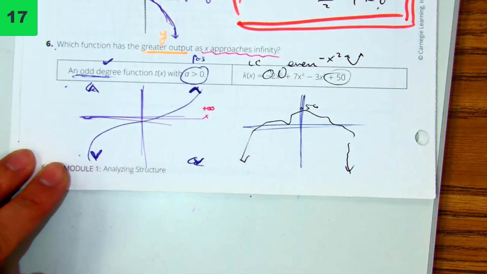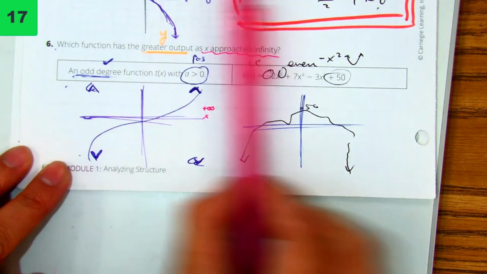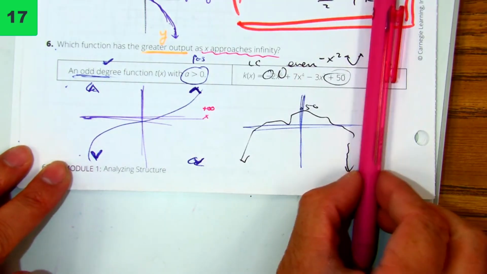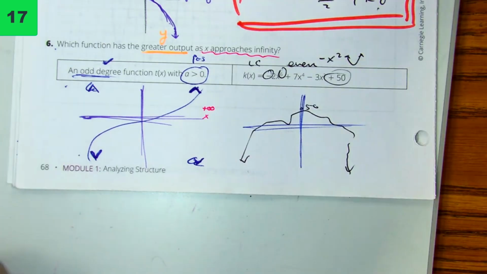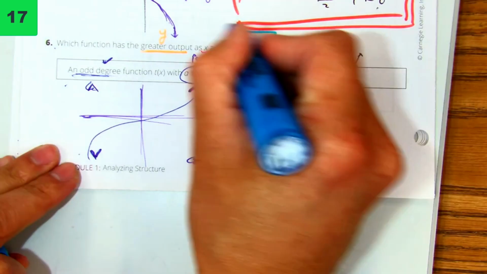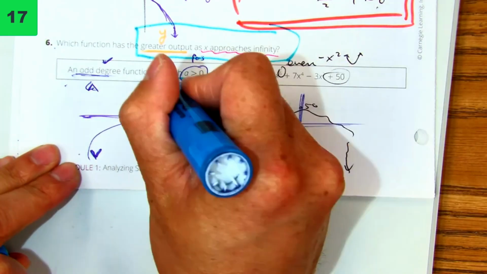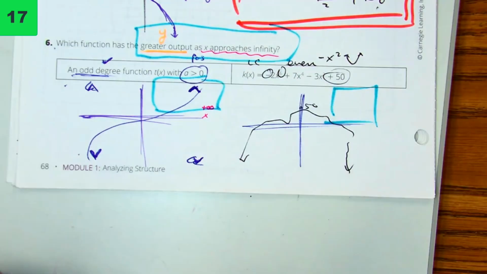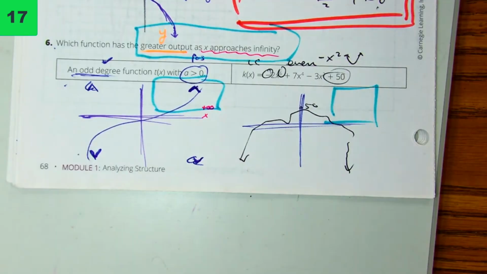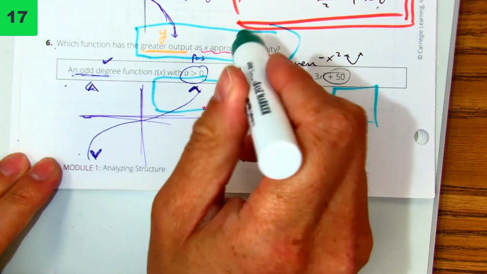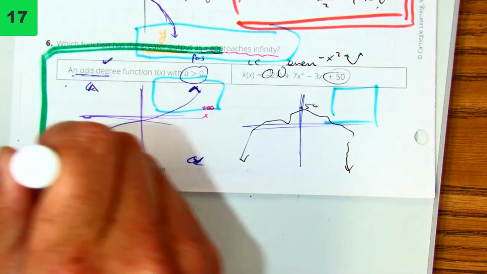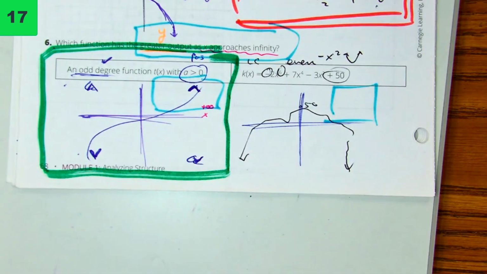Okay, so which graph has a higher y value? Left or the right? So essentially what this is looking for is which one has it up here. Which one is that, class? The left side. The left side has a greater output. Tony, pick the next person.